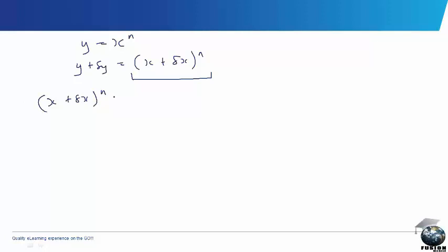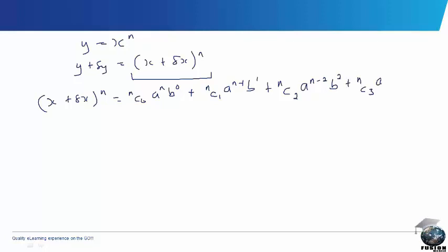There is no way we can do this by method of expansion if not by binomial expansion, where we have n combination 0, a is raised to the power n and b is raised to the power 0, plus n combination 1, a is raised to the power n minus 1 and b is raised to the power 1, plus n combination 2 and a is raised to the power n minus 2 and b is raised to the power 2, plus n combination 3 where a is raised to the power n minus 3, and b is raised to the power 3.